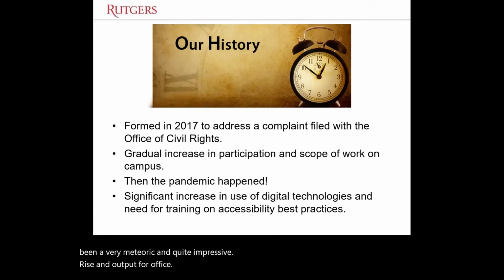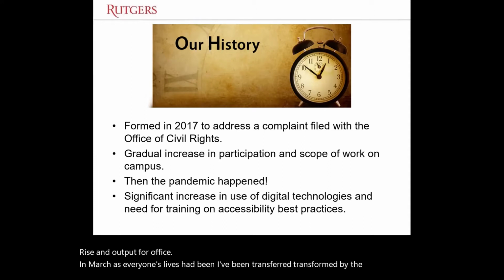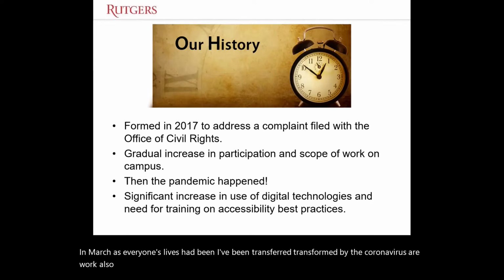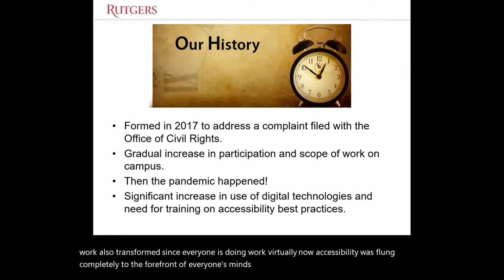In March, as everyone's lives have been transformed by the coronavirus, our work also transformed. Since everyone is doing work virtually now, accessibility was flung completely to the forefront of everyone's minds. Suddenly teachers had to account for teaching virtually and sharing documentation strictly virtually.